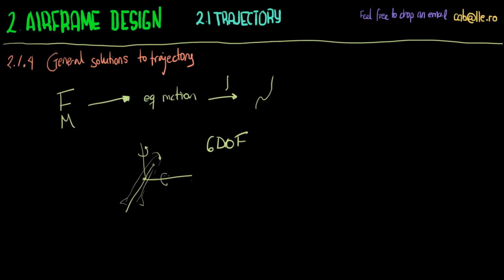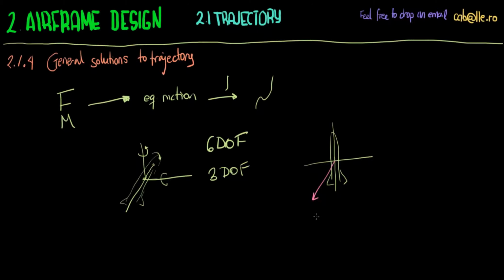All right, but we don't have to. This is the most general form of solving the problem, but we don't have to do it this way. We could simplify the problem and do 3 degrees of freedom, which would be just a 2D rocket. So you only have 2 axes, and it can only rotate about the axis normal to these.